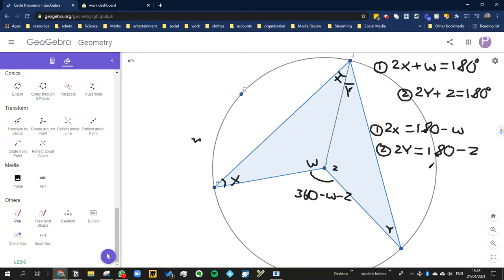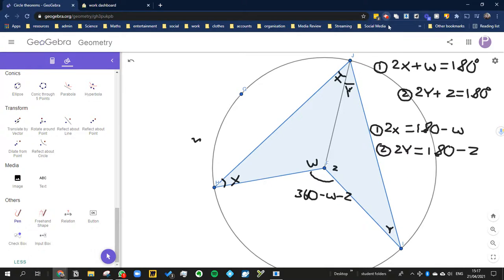Now, what's next? Well, we're trying to work out what is x plus y in terms of w and z, essentially, aren't we?